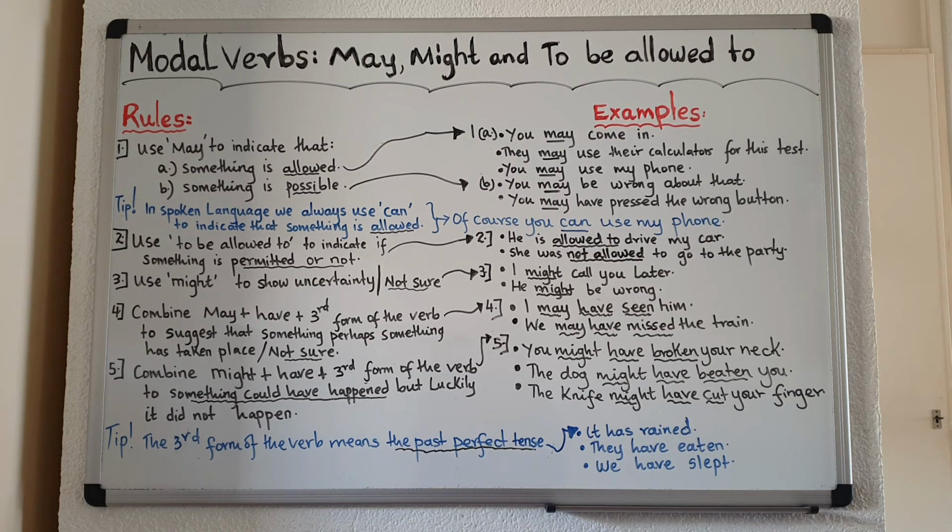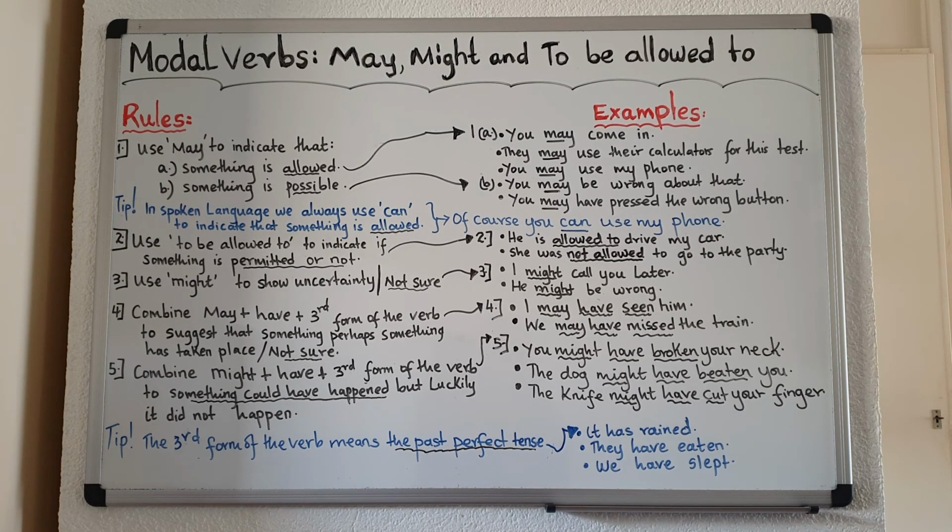Rule number 5. Combine might plus have plus the third form of the verb to suggest that something could have happened. I forgot the word suggest. It should be between to and something.